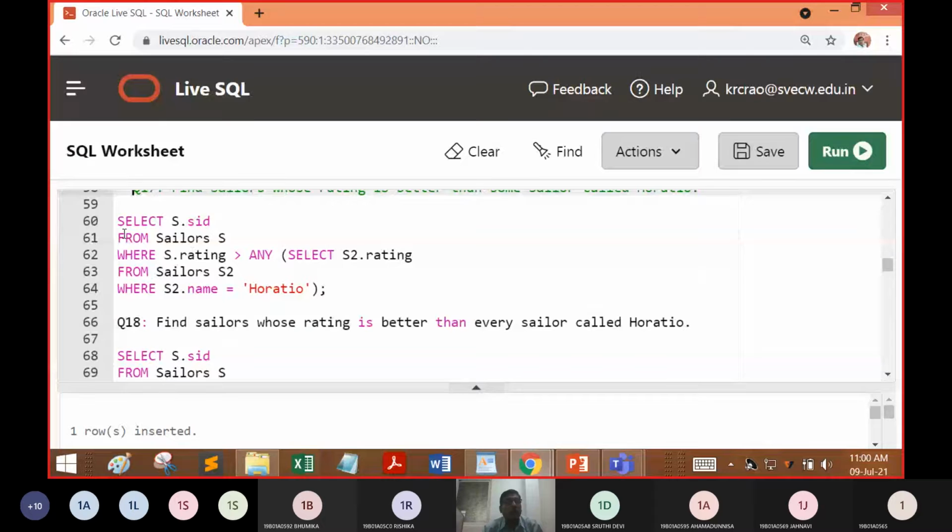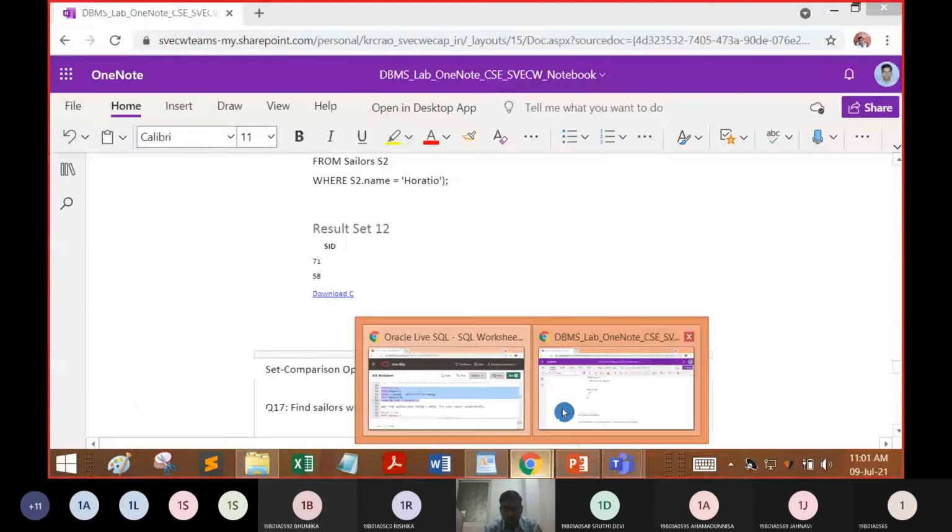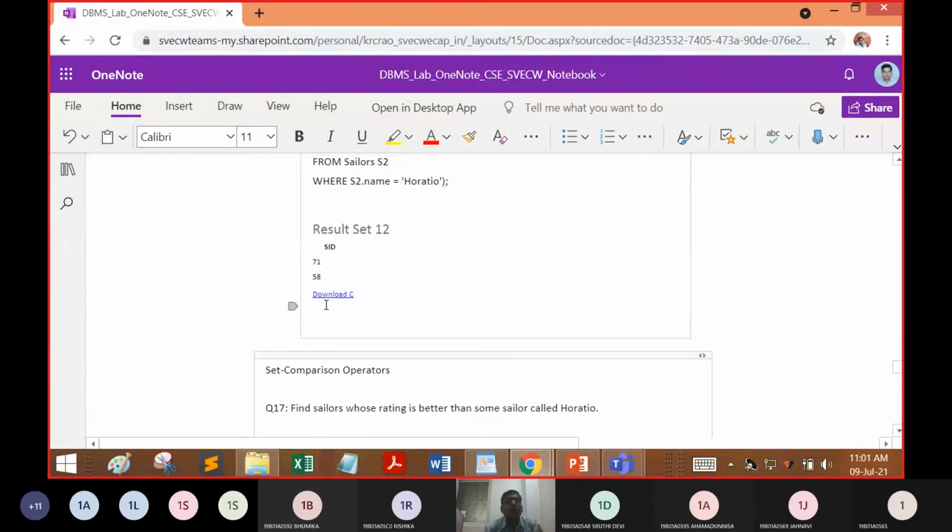As mentioned, first of all we are going to take up the Horatio name in a subquery and check how many Horatios there are. So whether any Horatio is there or not, you are going to check, and thereby his rating is taken up, and the existing sailor table's rating is also compared, whether they are greater than Horatio's.